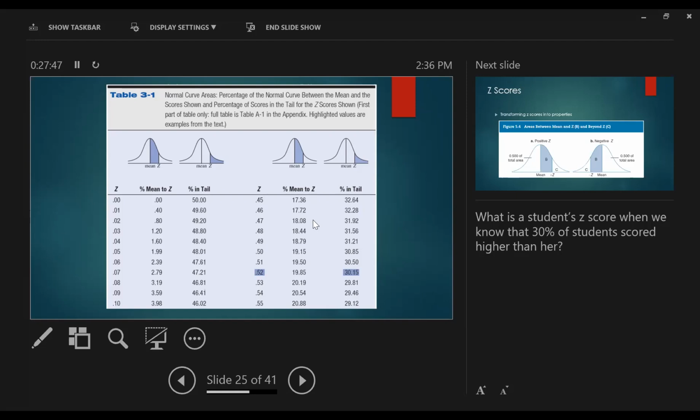Usually in the appendix of textbooks, and I've used 3 different stats textbooks, it only shows to the right of the mean. Because you can take the data and just do 100 minus, you know. Got it. Does that answer your question? Yeah, thank you. No problem.